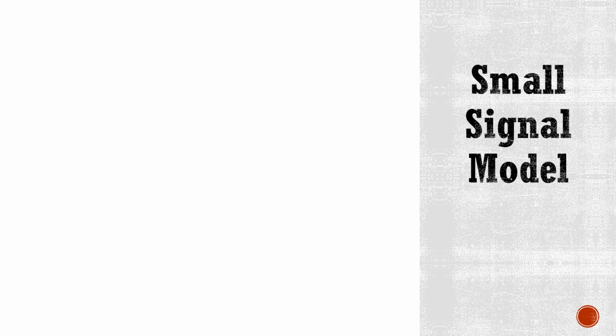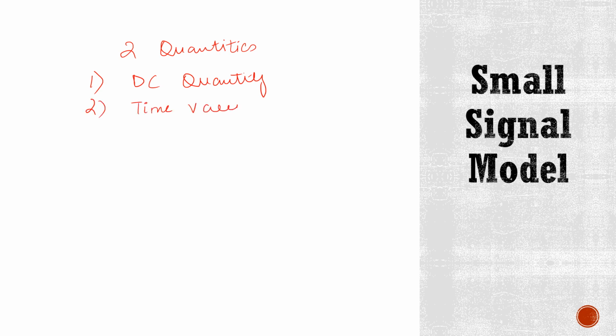In case of the small signal diode model, there are two quantities. One is a DC quantity and the other is a time varying or AC quantity. Okay.